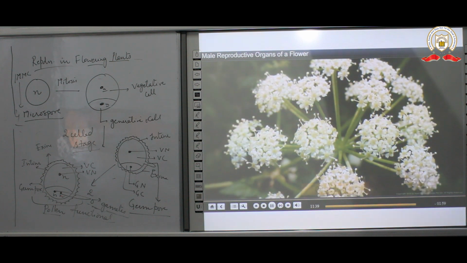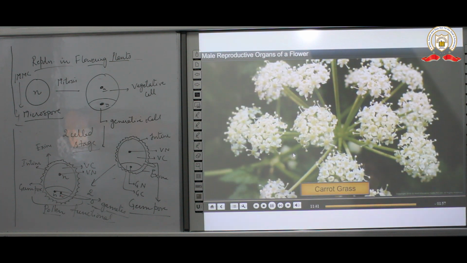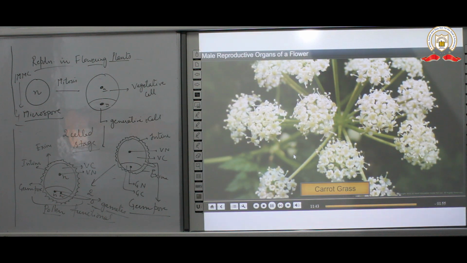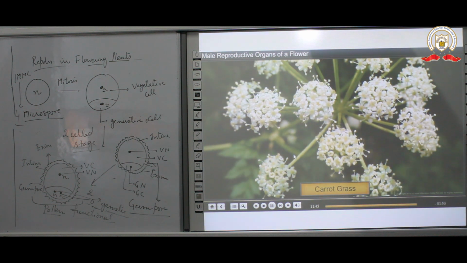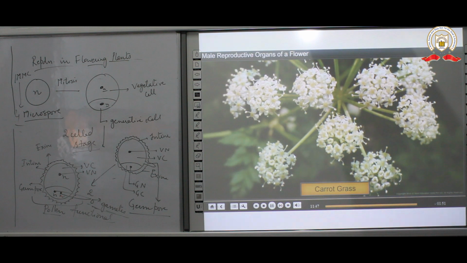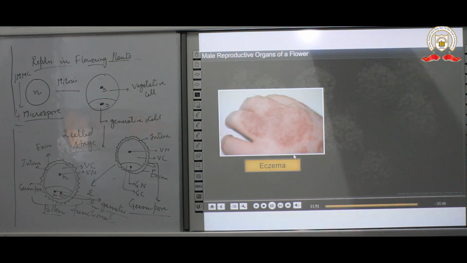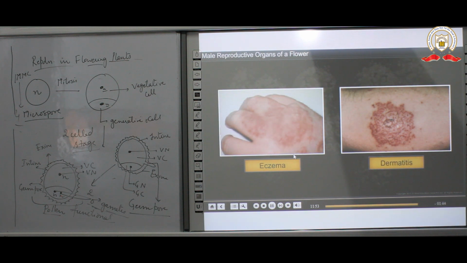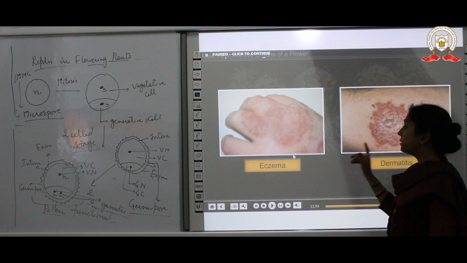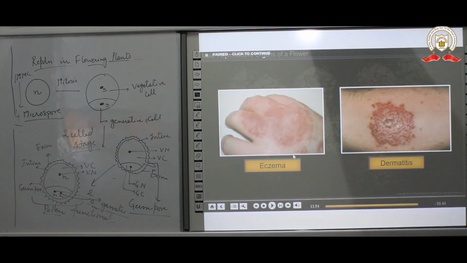In fact, carrot grass or Parthenium hysterophorus and its pollen, found in uncultivated lands in Punjab, causes allergies such as eczema, dermatitis, and other skin diseases. Now you must remember about carrot grass or Parthenium, which is one of the major causes of allergy in certain areas where they grow.